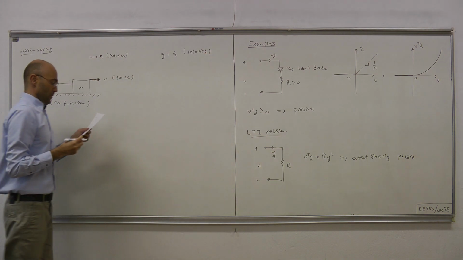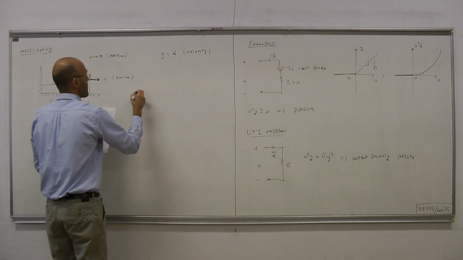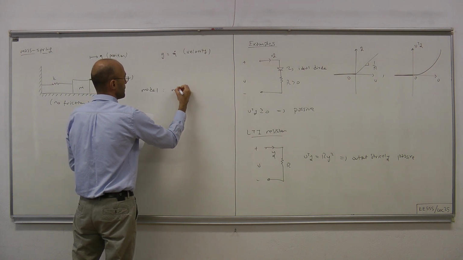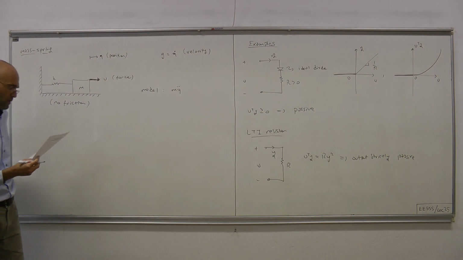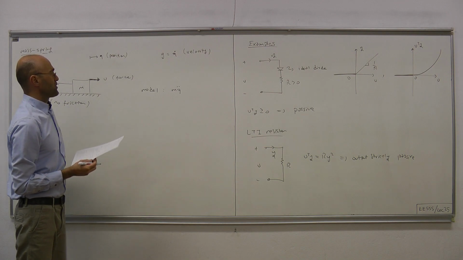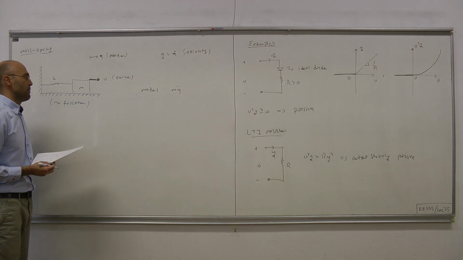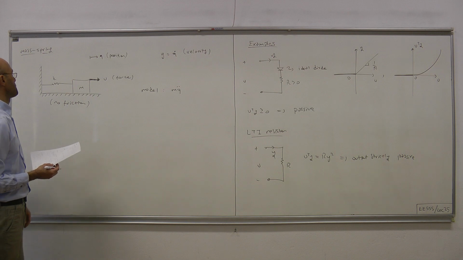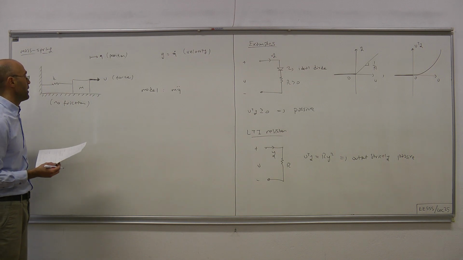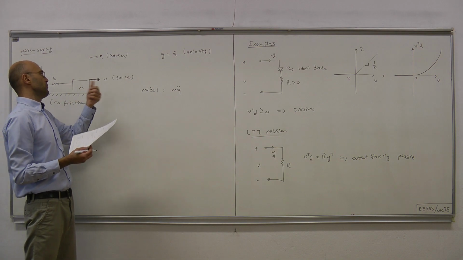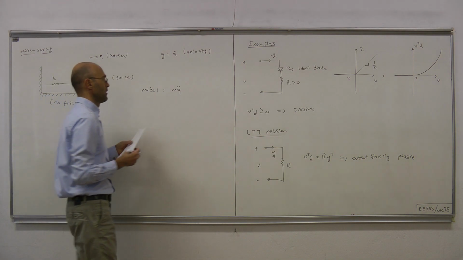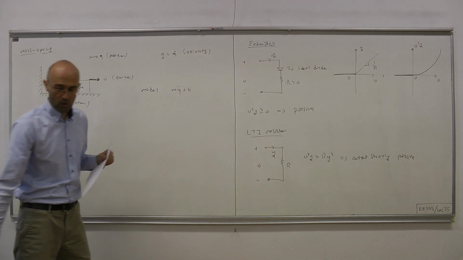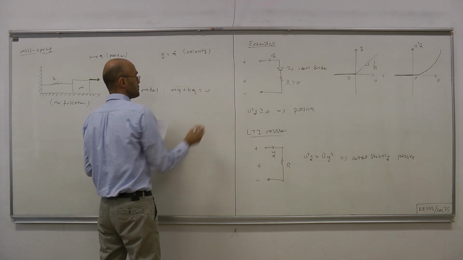And we can write the model of the system, M q double dot equals the force acting on the mass, and there are two forces acting on the mass. One of them is due to the spring, and it depends on how far away the spring is from the equilibrium position, and the other force is the external force, u. And what we have is M q double dot plus K q equals u.